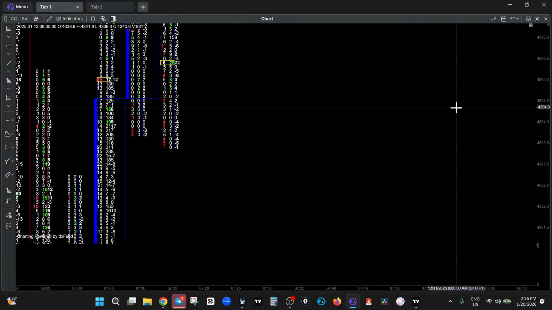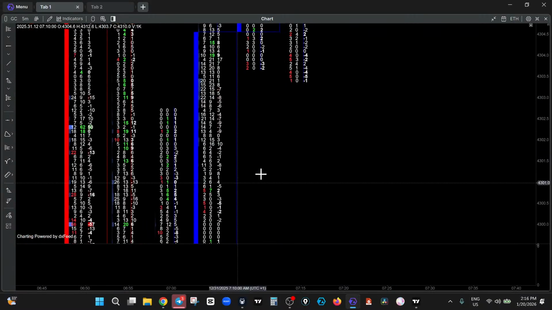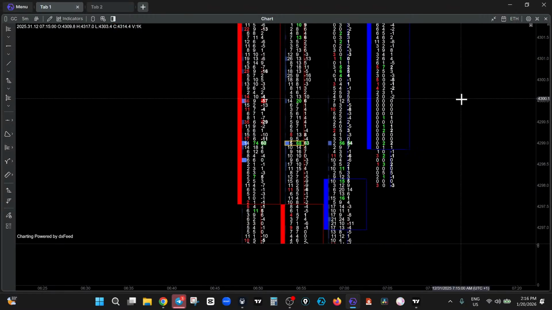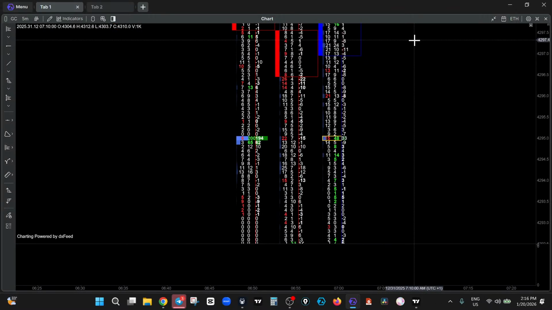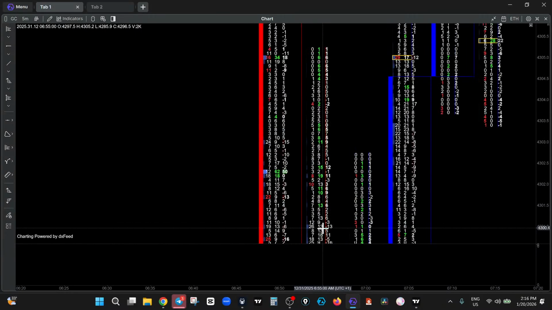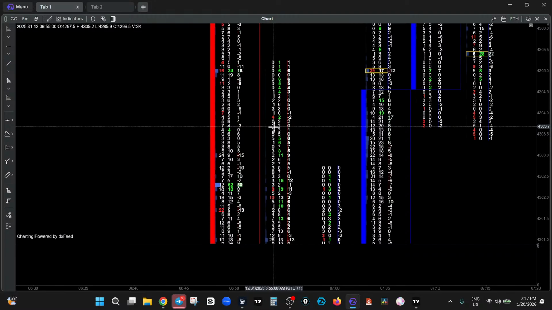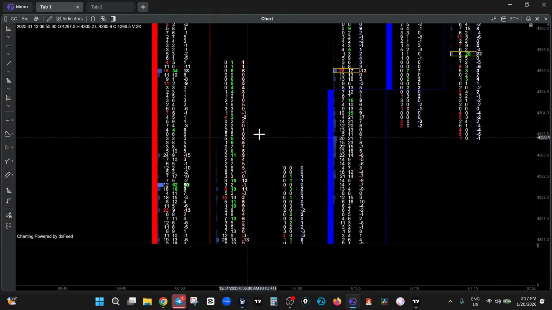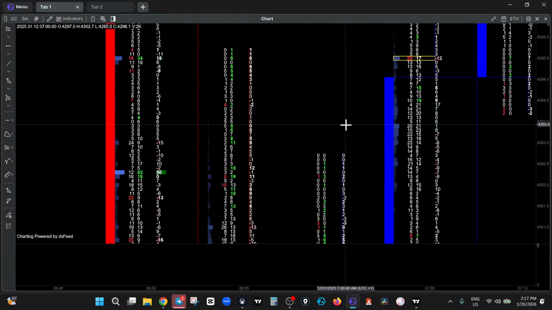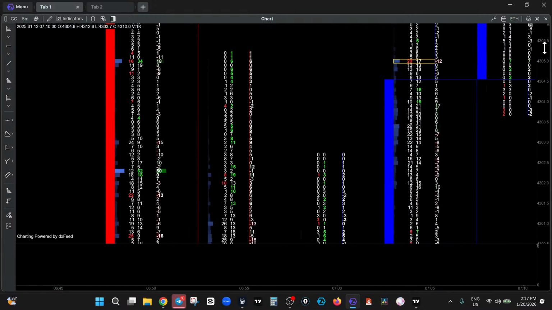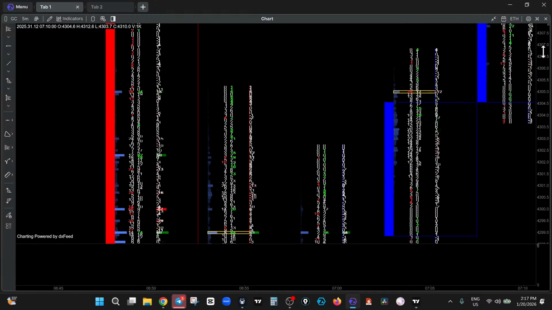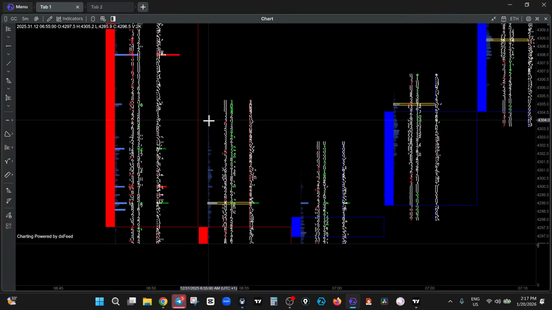Okay. Finally. So this is the footprint. What it's showing you is the orders at different price levels. All right. So at every tick, there are certain orders going in. Okay. So let's take a look.